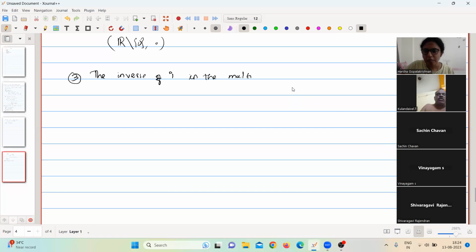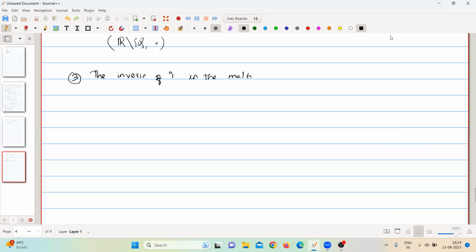So let's go to the question. The question is the inverse of i in the multiplicative group {1, -1, i, -i}.